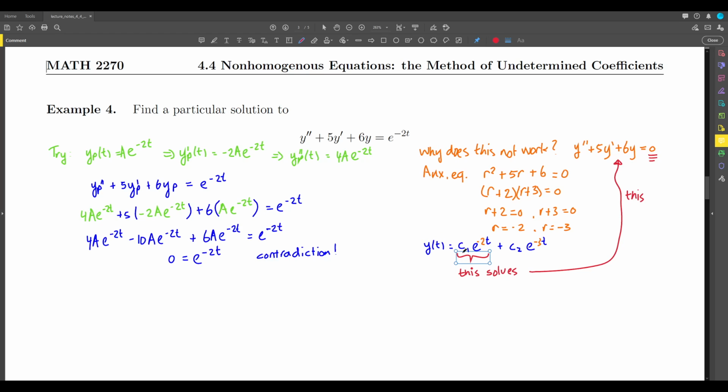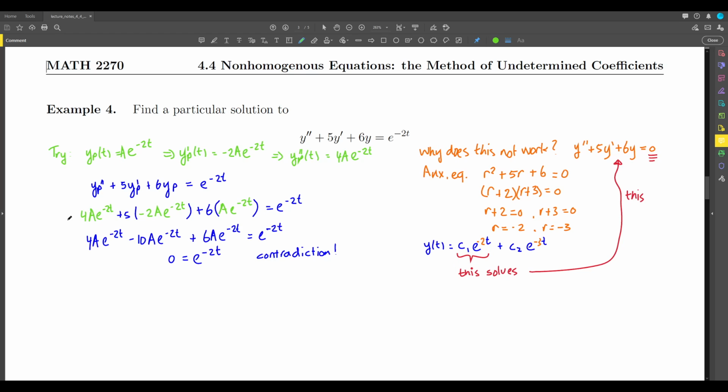So the problem is that the solution to the homogeneous differential equation already has an e to the power negative 2t. And so when it shows up on the right, our first try does not work.